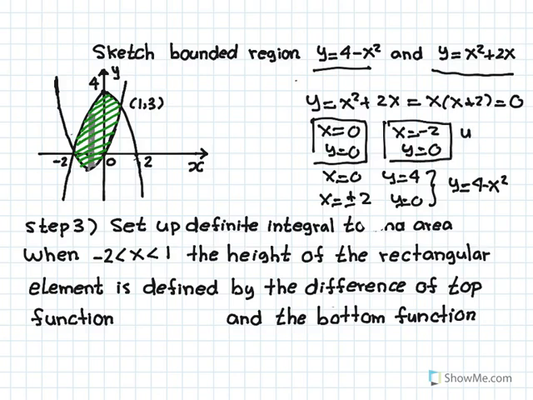From before, for y equals 4 minus x squared we have x equals 0, y equals 4, and x equals plus or minus 2, y equals 0. These are the x and y intercepts of that parabola, and the others are the intercepts of the other parabola, y equals x squared plus 2x. So it's very easy to draw, and we already know the intersection points, which are at minus 2, 0 and at 1, 3.